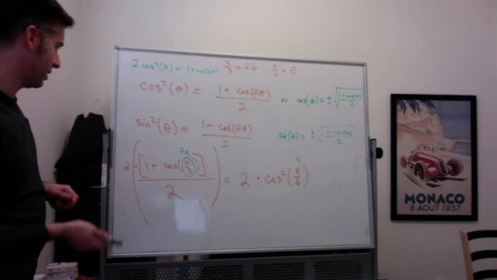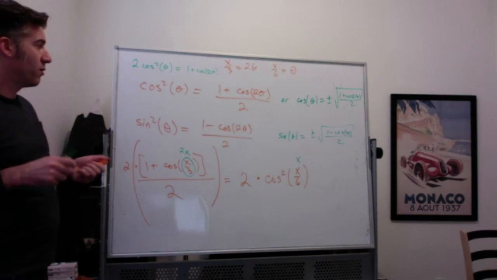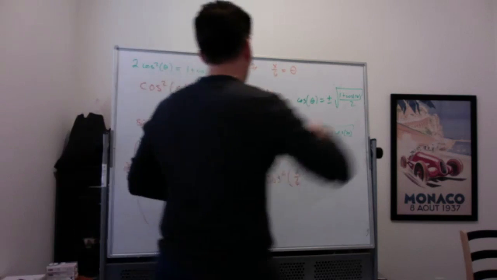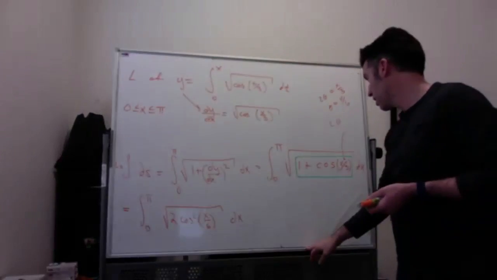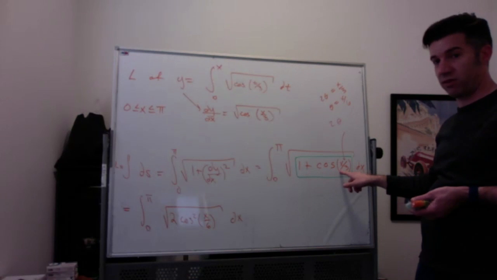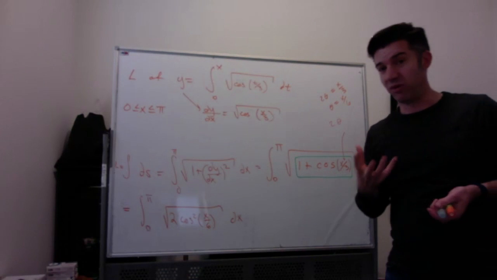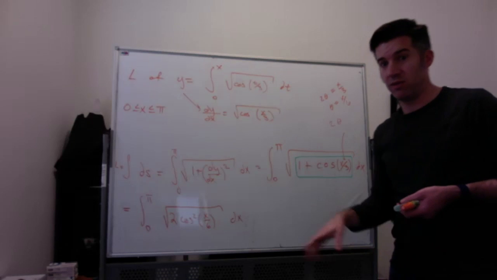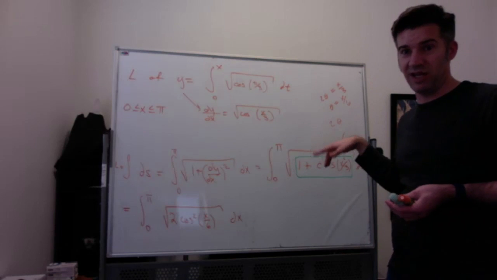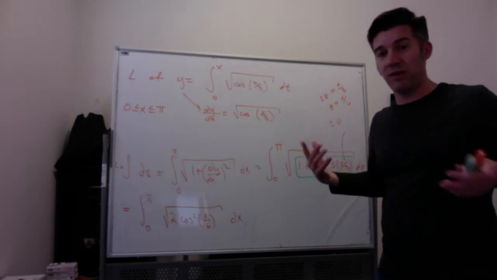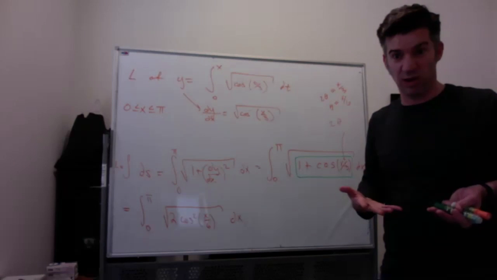Yeah, I can definitely explain the x over 6. So here's what I have: 1 plus cosine of x over 3. And I know, really from experience, that when you have 1 plus cosine of an angle inside of a square root, there is a tricky way to make that into something with just cosine squared.